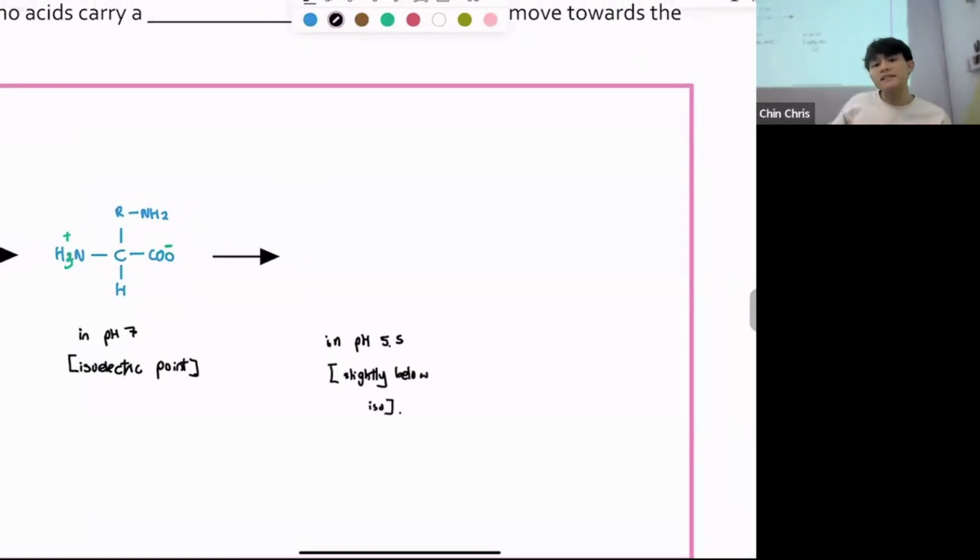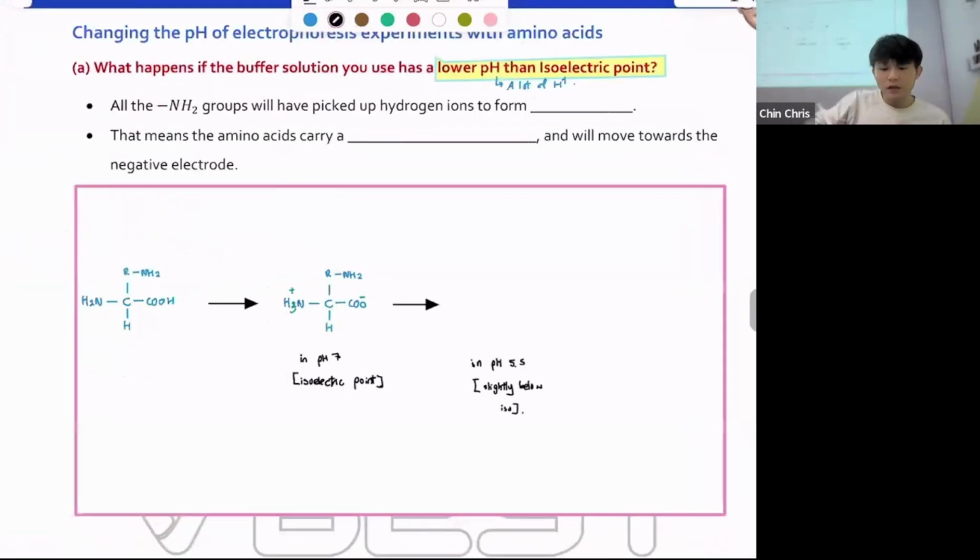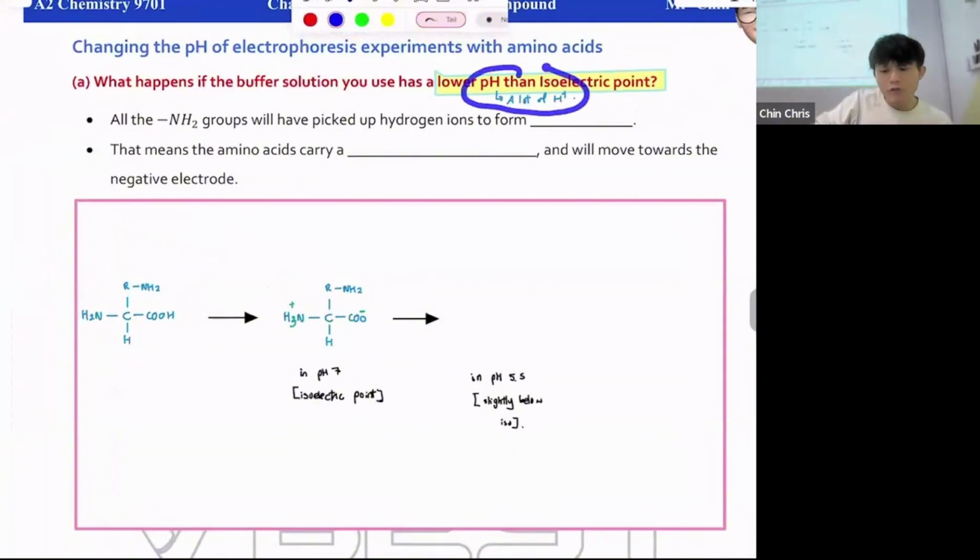If I put it slightly below our isoelectric point, which means there's a lot of H plus, lower pH, which means you are supplying H plus. Guys, where will the H plus go? Wait, COO minus, H plus and minus attract, right?